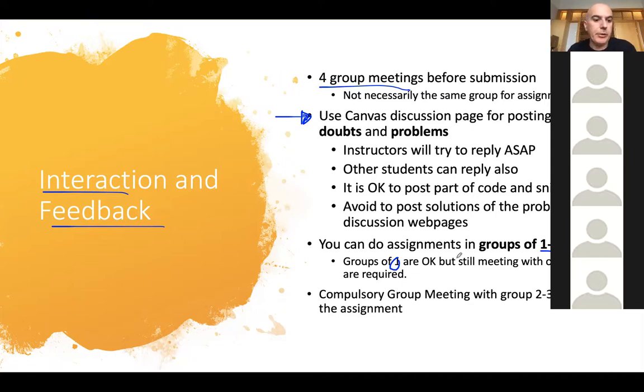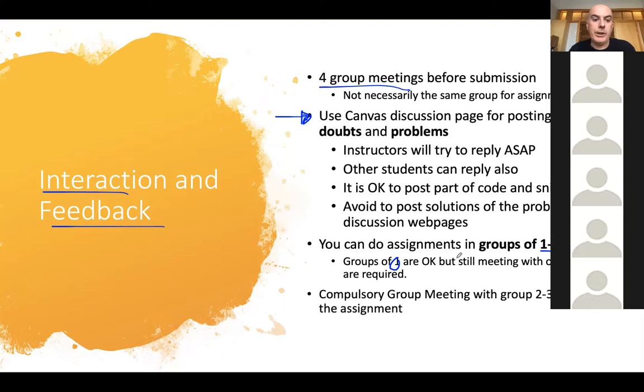You might do an individual submission, or a group of one person, but I still want you to have this meeting before the assignment. If you prefer to be just one for the assignment, please remember to create your own group, right? You will need to create your own group of 1 person and then submit it.